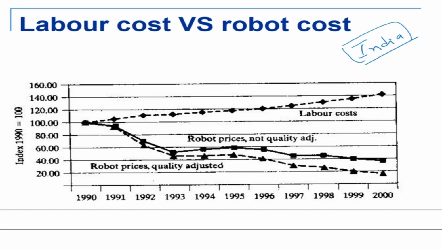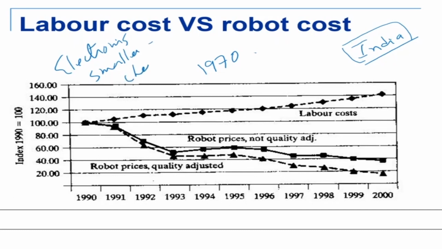But the major reason is that in the 1970s, we talked about the second revolution, and after the second revolution, electronics became smaller, cheaper, and faster.